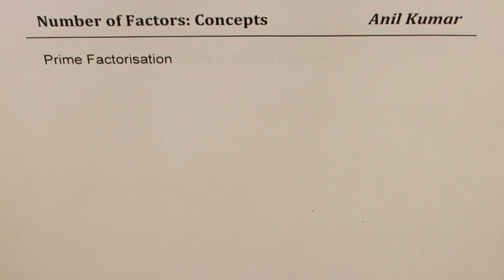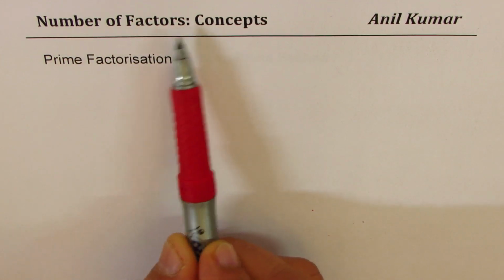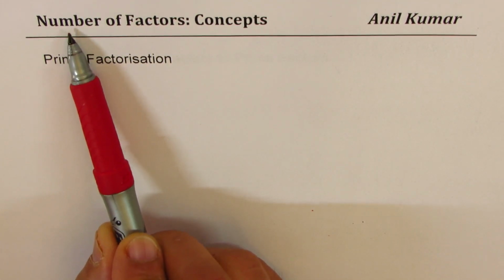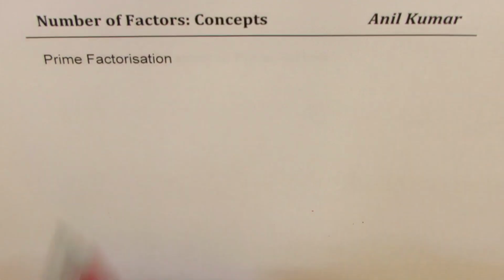So let's take up the next topic, which is prime factorization. We learned about prime numbers only to understand prime factorization, and then we'll address the number of factors. So let's not deviate from the major topic, which is the number of factors of a big number, okay?